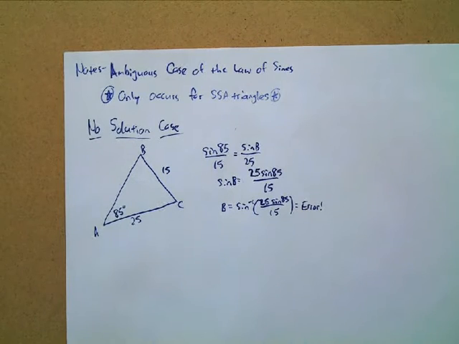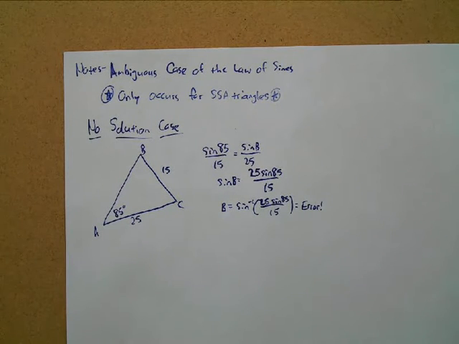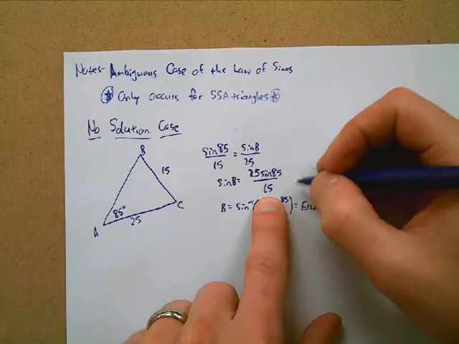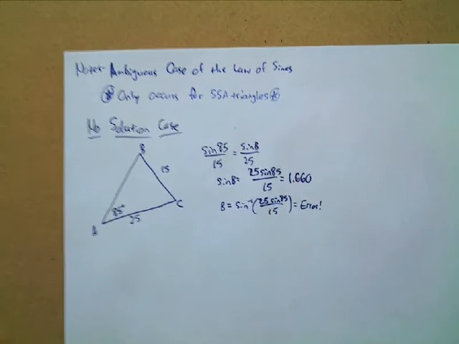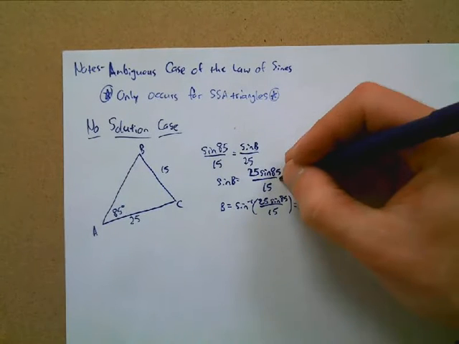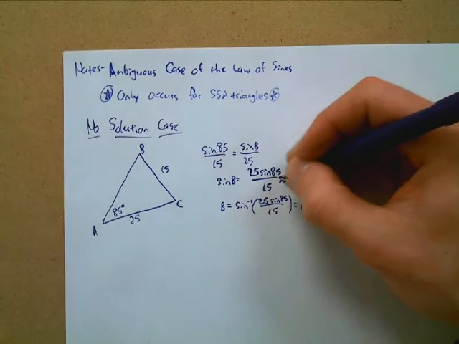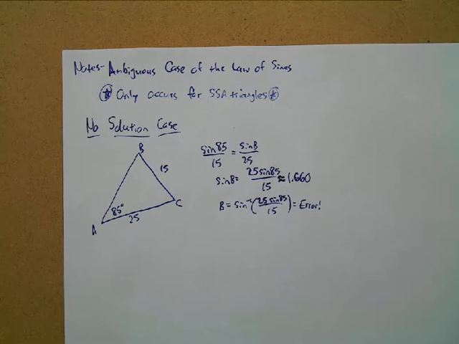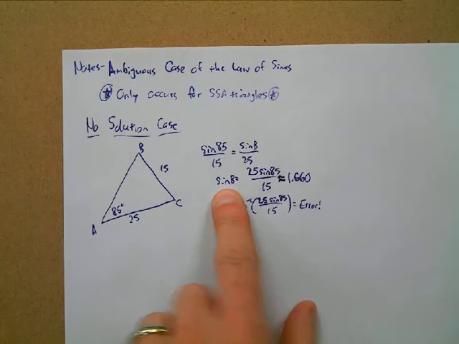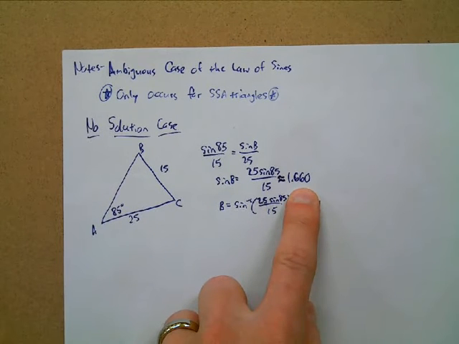And again, the reason for that is because this quantity ends up being approximately 1.660. Anytime you see a squiggly equals, that means it's approximate, not exact. So sine of B can never be equal to 1.660. There is no angle B that when you take the sine of it, you get 1.66 something.